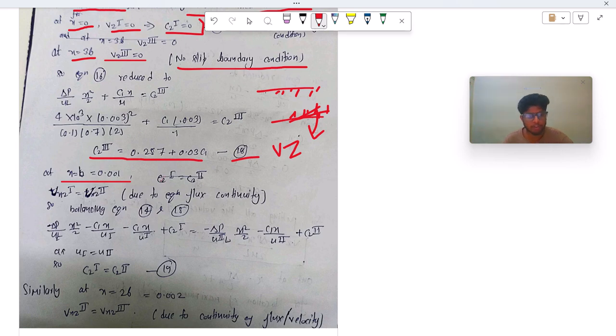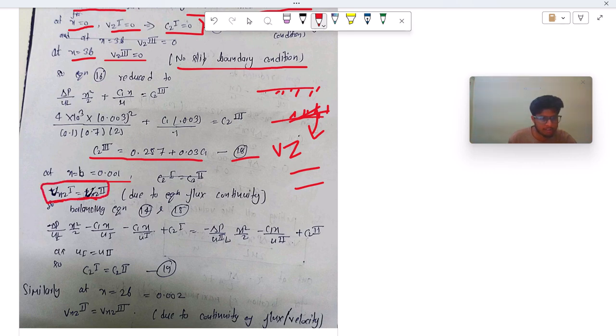We have the flux continuity equation. So if flux continuity takes place at that point, Vz1 equal to Vz2. The velocity component in the z direction due to fluid 1 equals the velocity component due to fluid 2.